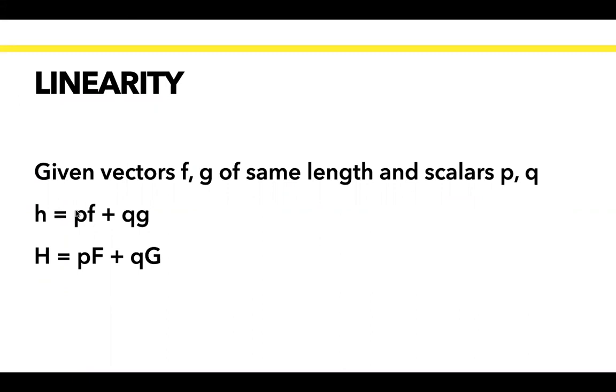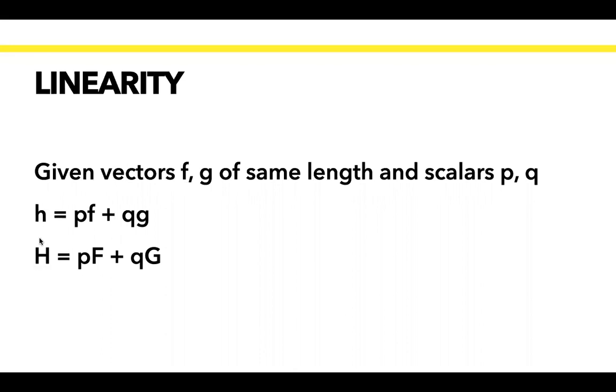If we multiply our vectors by the scalar and add them together, we get little h, right? So this is the time domain, you can think of it. If we do the DFT of F and the DFT of G individually, multiply by the scalars in the frequency domain and add them together, we get the DFT of H.